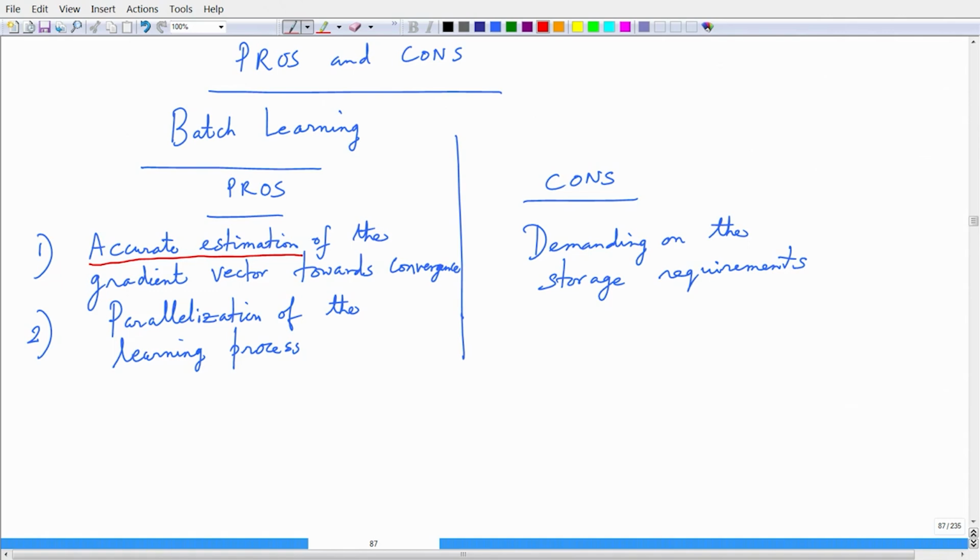Second, batch learning lends itself to parallelization of the learning process.